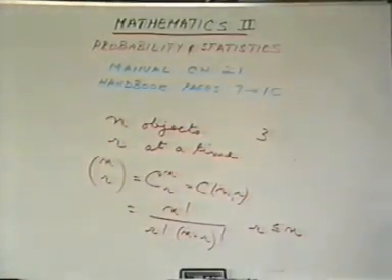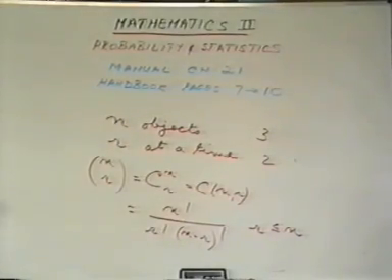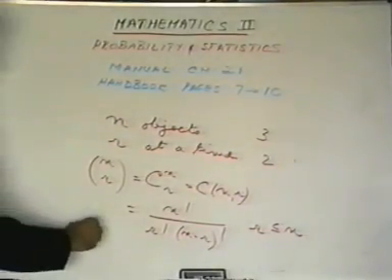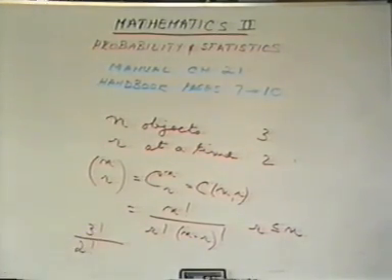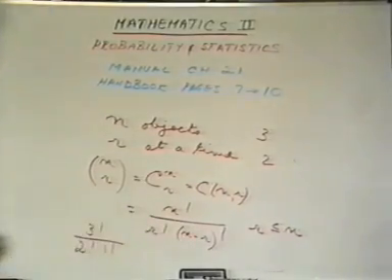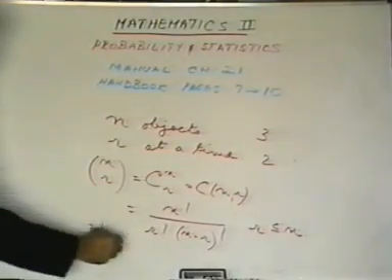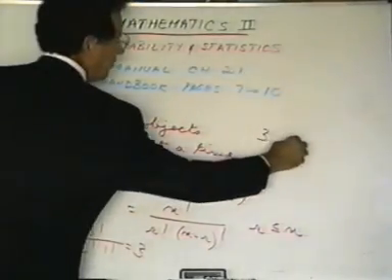Now let's take an example. Suppose I had 3 objects and I want to take them 2 at a time. Then the number of combinations I would have would be 3 factorial divided by 2 factorial times 1 factorial. The 1, of course, is n minus r, and that's equal to 3. So there are 3 combinations I could form.